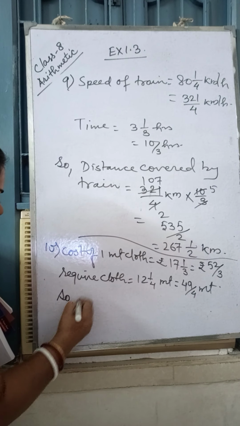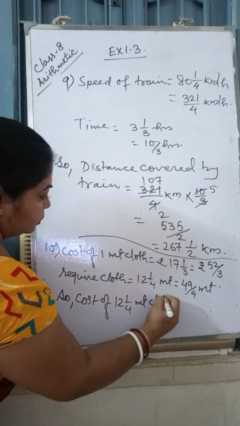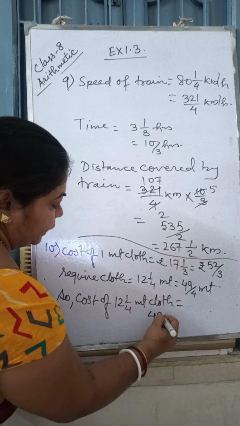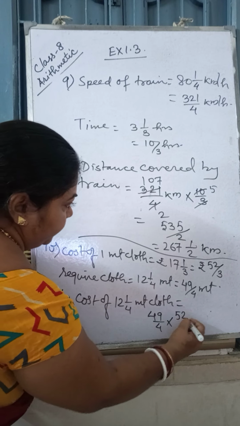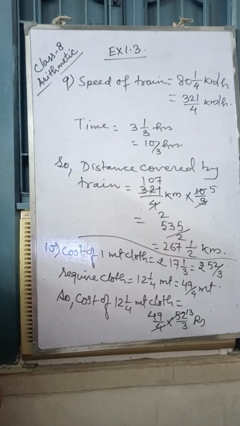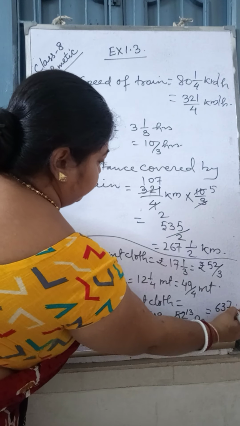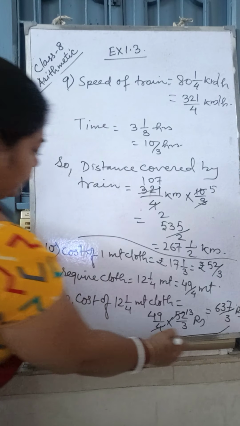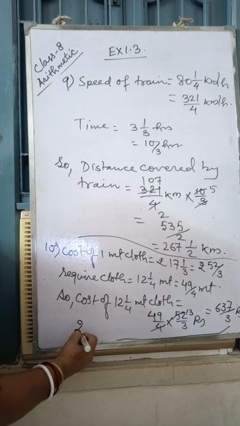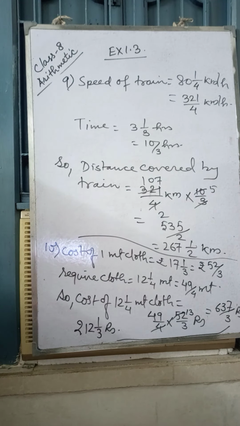So the cost of 12 whole 1 by 4 meter cloth, we'll just multiply: 49 by 4 into 52 by 3 rupees. 4 13s are, now it won't cut more, so this gives you 637 by 3 rupees, or the answer is 212 1 by 3 rupees. This is question number 10. 11 is homework.